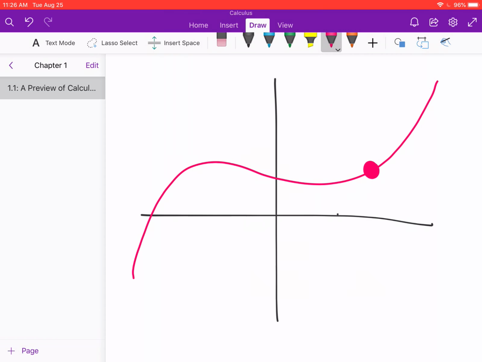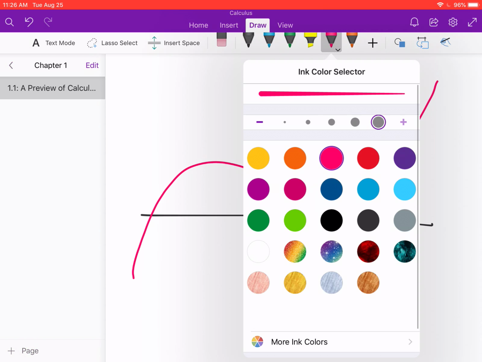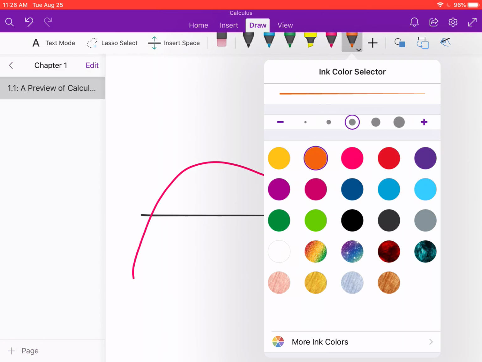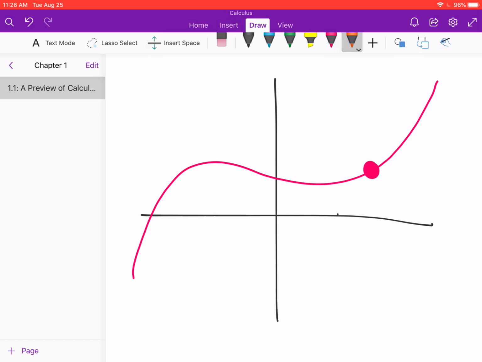Normally, to find that slope, we would have to estimate by drawing a lot of smaller tangent lines. So we would say, all right, maybe this line is a good estimate. Well, what we really want is that slope of that tangent line. That gives us the actual slope at that point.